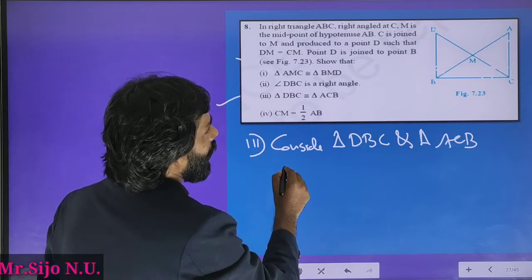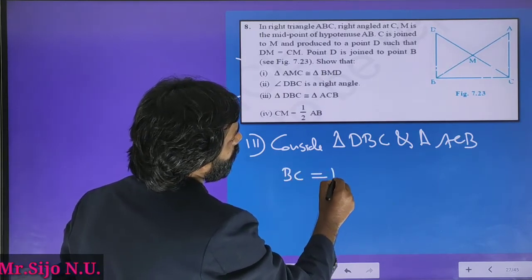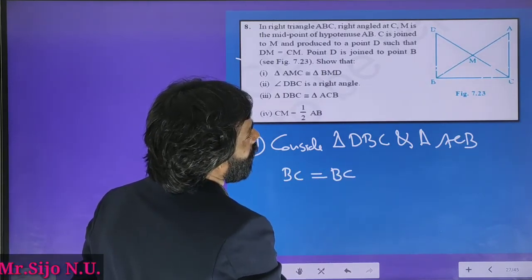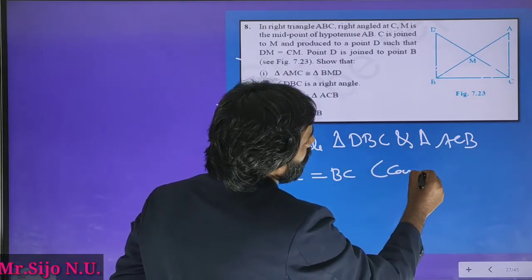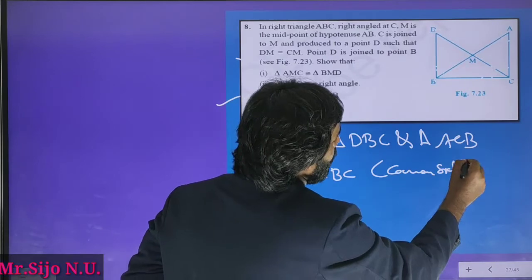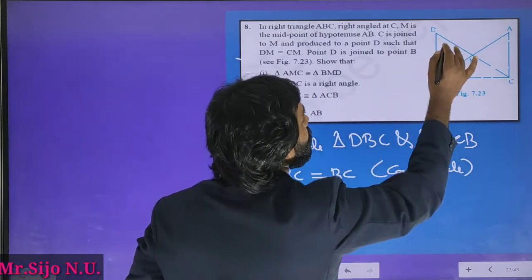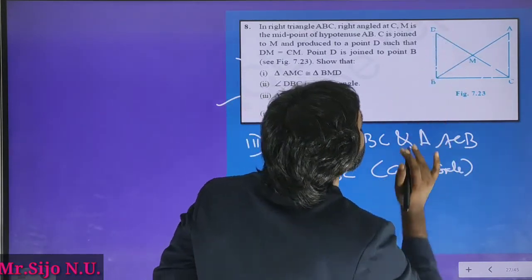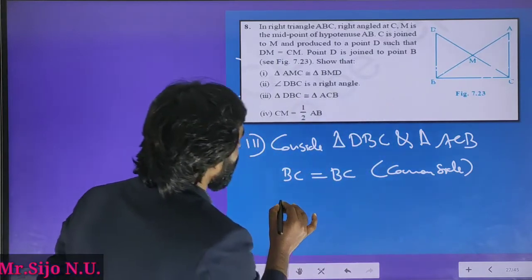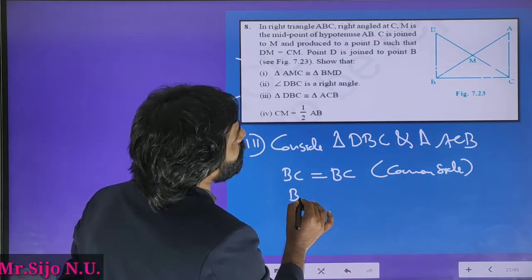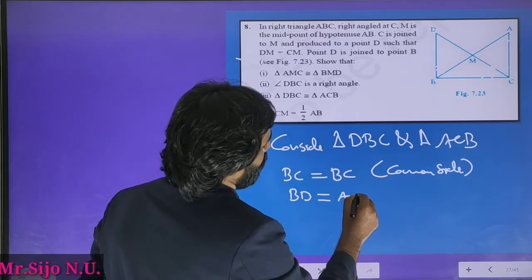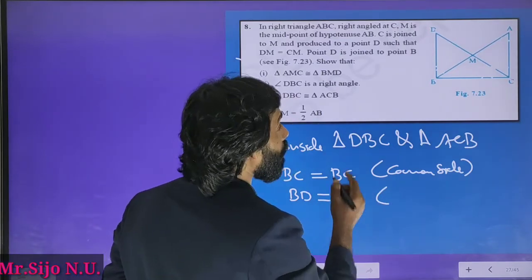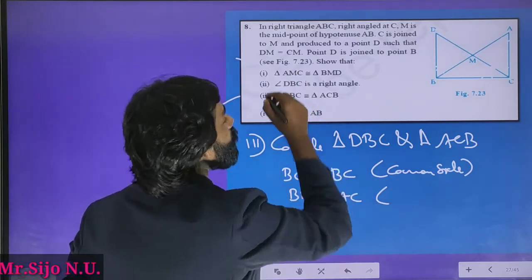So we can write here BC equal to BC. It is a common side. Then what else is given? In the first case BD equal to AC. What is the reason? Proved above, right? In the first question we proved.